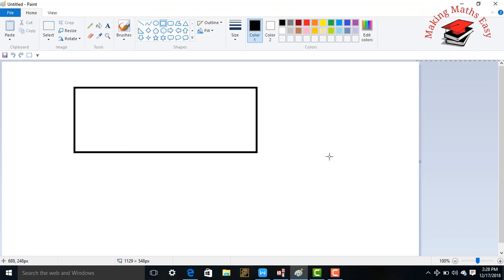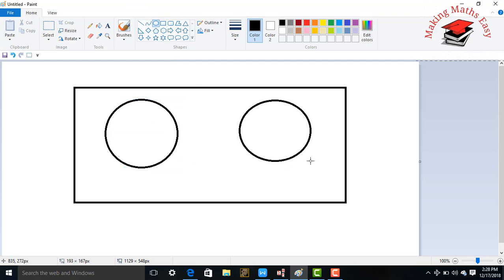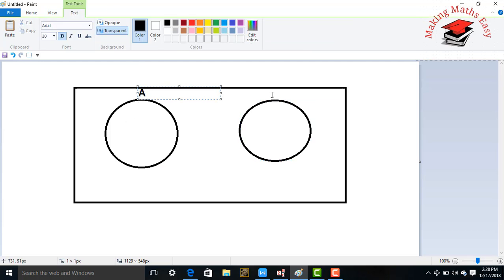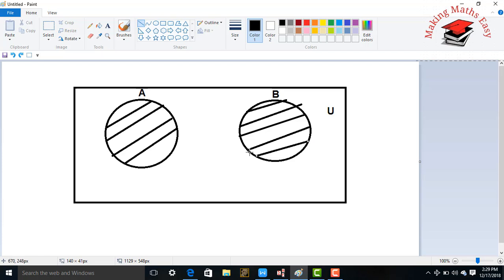Now we will take another universal set. Take subset A, this, subset B, this, and give the notation. This is A, this is B, and this is the universal set. Now we will combine these two sets.